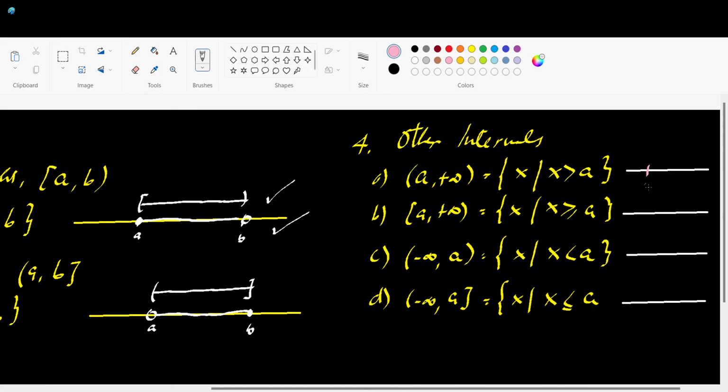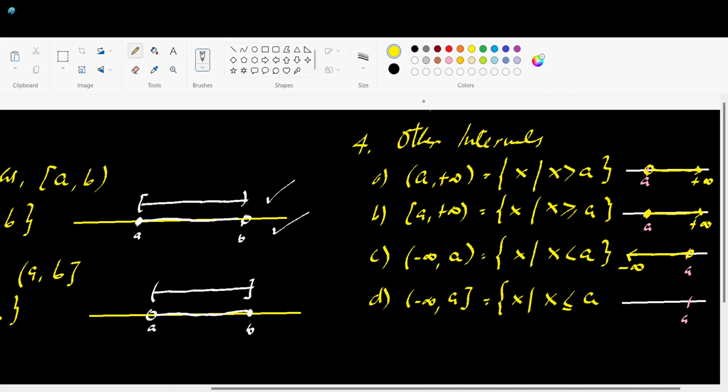So a, and a. x greater than a, meaning numbers to the right of a, open. So open at a to the right, indicating positive infinity. x greater than or equal to a, all numbers to the right of a including a, so closed at a to positive infinity. x less than a, all numbers to the left of a and open at a, so negative infinity.